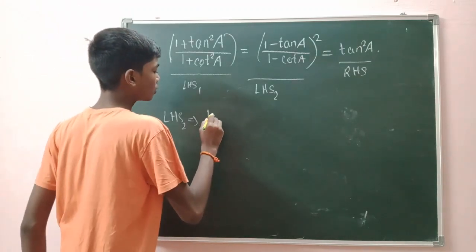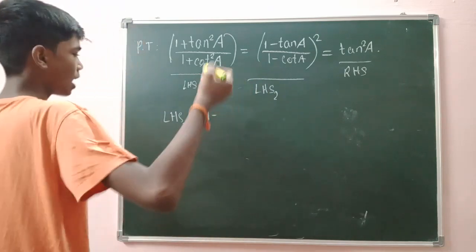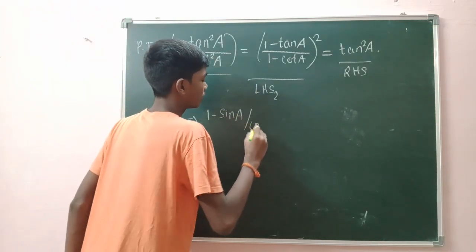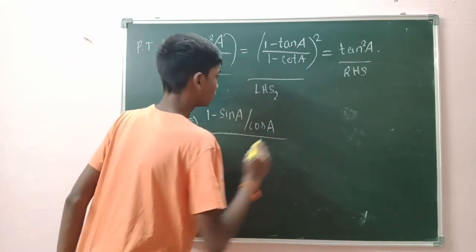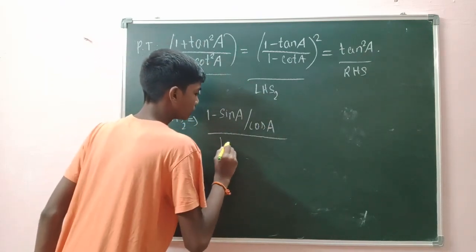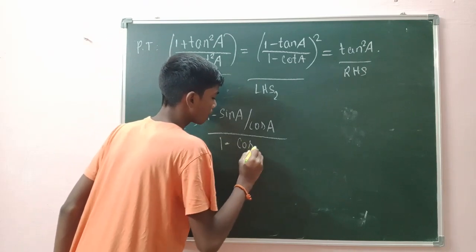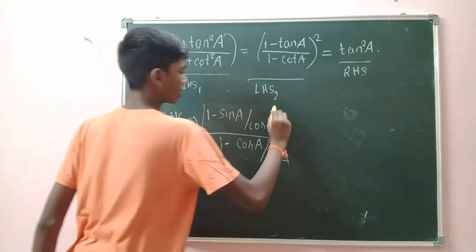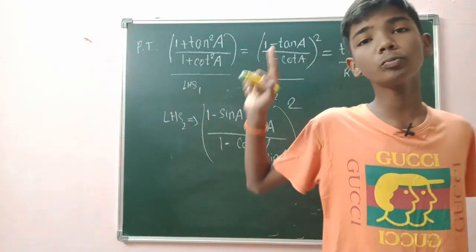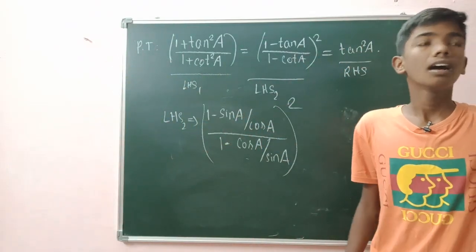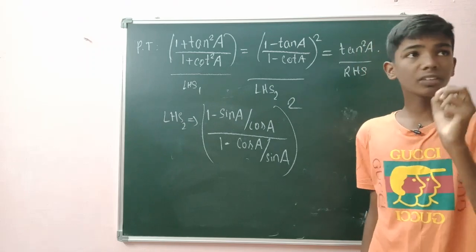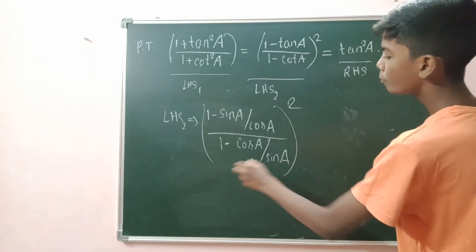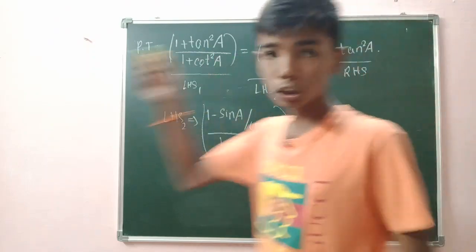So I can write tan A as sin A by cos A, and your cot A as cos A by sin A. Correct or not? Then the whole square. Don't forget this. Sometimes most people make this mistake. So just observe what is given in the question. That is very important.